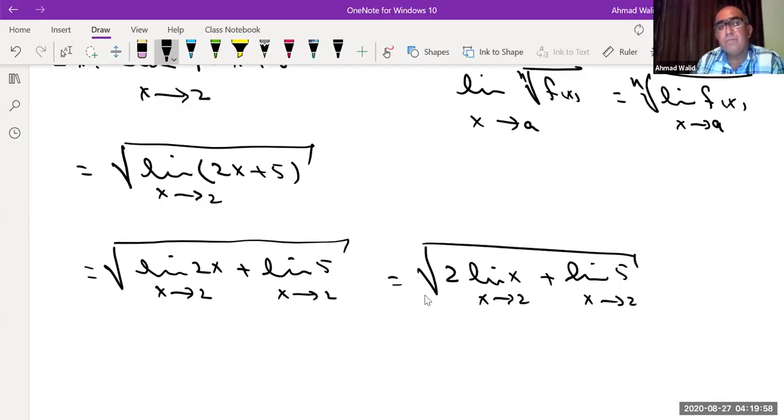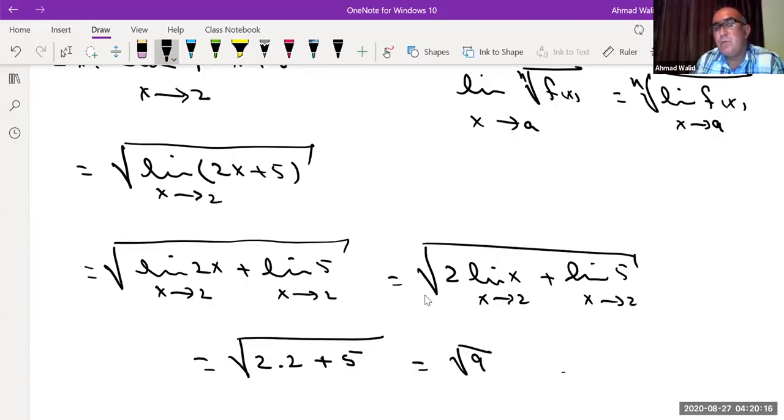Now simplify. It's equal to the square root of 2 times the limit of x as x approaching 2, which gives you 2, plus the limit of 5 as x approaching 2. The limit of a constant is the constant, it means plus 5, which gives you the square root of 9, which gives you 3. This is how you apply the limit rules, correct?